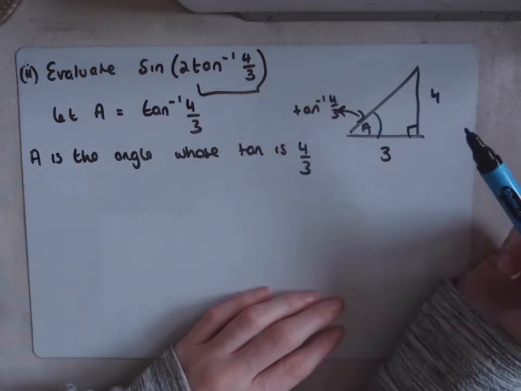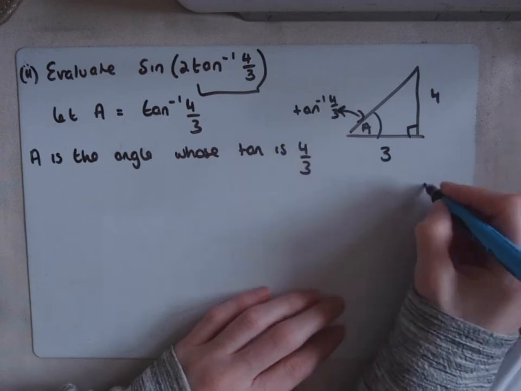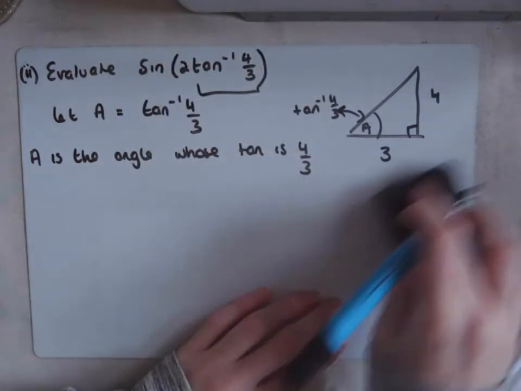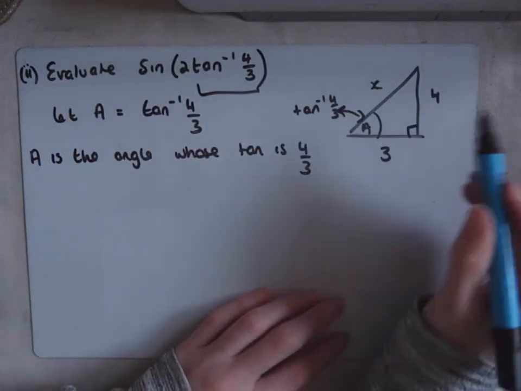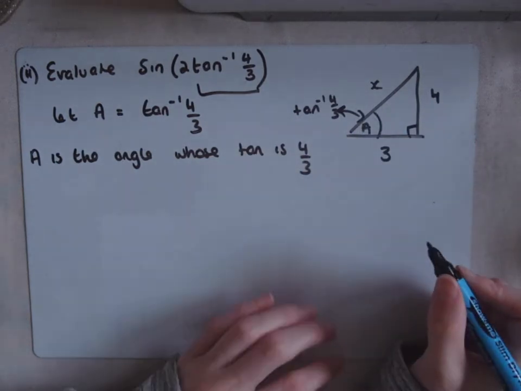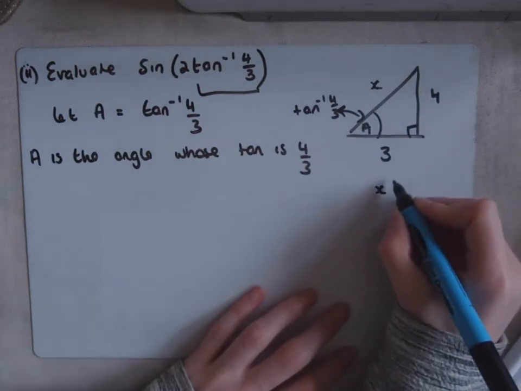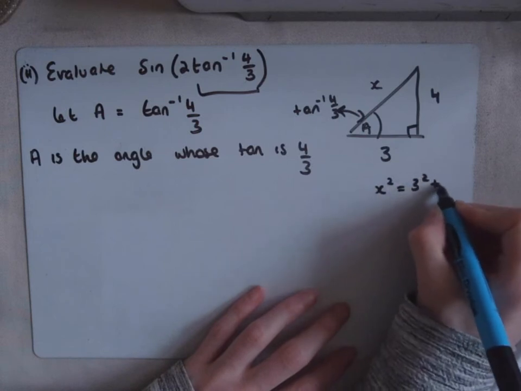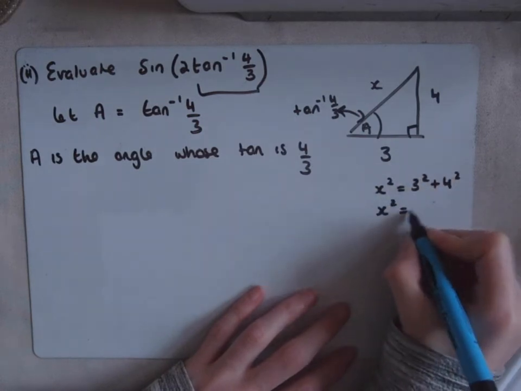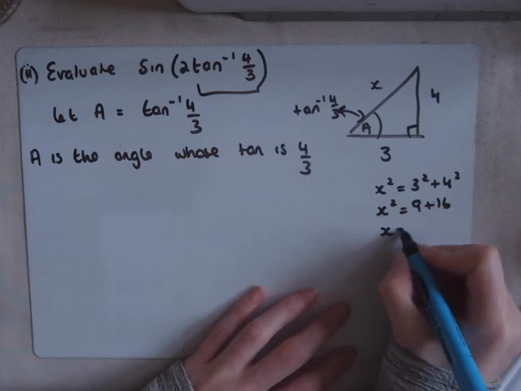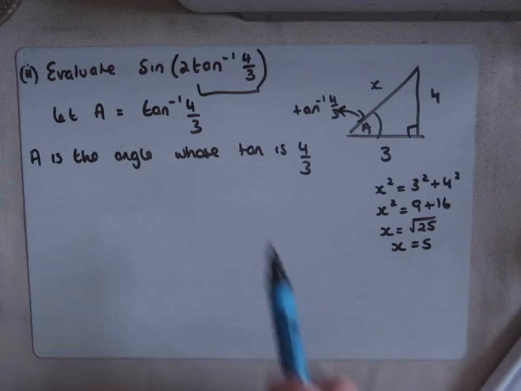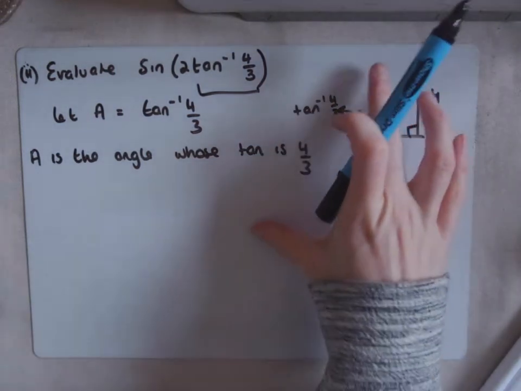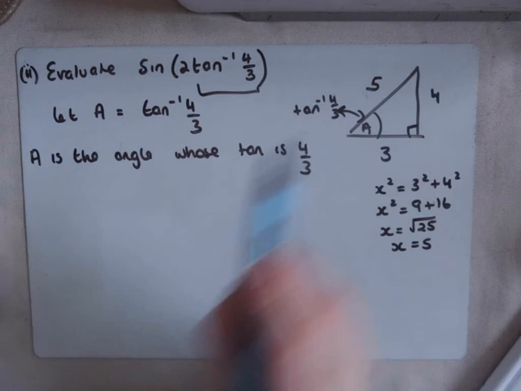Do you know what the hypotenuse is? We'll just call that x, okay? 3, 4 and 5 are a Pythagorean triple, but to find it, hypotenuse squared is the other side squared plus the other side squared. So 9 plus 16. So x is the square root of 25, which is 5. Okay, so 3, 4 and 5 always work. So I know that's a 5 up there.